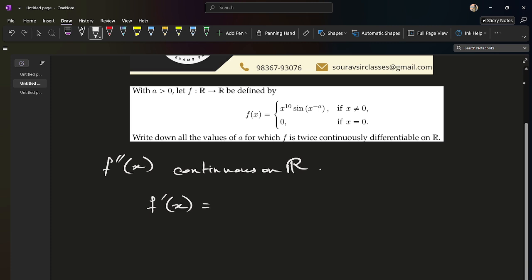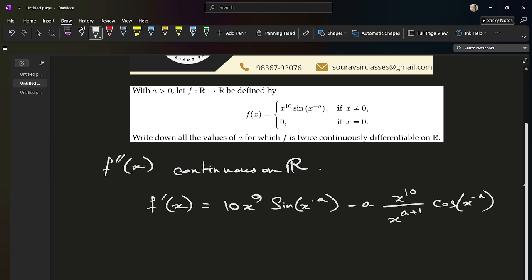That will be x to the power 10's derivative, 10 x to the power 9, and our sine x to the power minus a will remain constant, and after that minus a will come outside, and we will get x to the power 10 by x to the power a plus 1 into x cos of x to the power minus a.